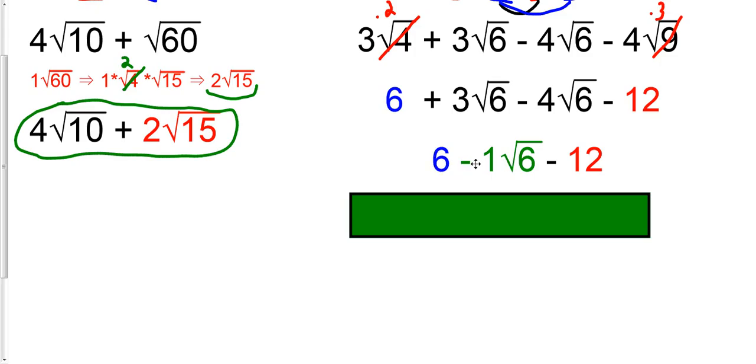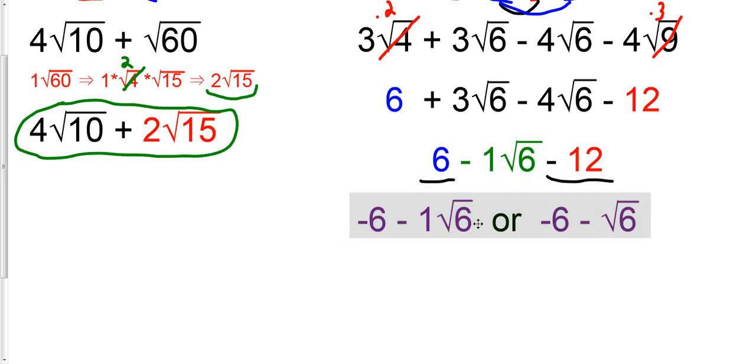So it's 6 minus 1 square root of 6 minus 12. We're not quite done yet though, because if we take 6 and combine it with negative 12, we can simplify that whole number part and we'd get negative 6 minus 1 square root of 6. Or you don't even really need that 1, you can just call it negative 6 minus the square root of 6. Either one of these is going to work just fine. And this is going to be your final simplified answer.